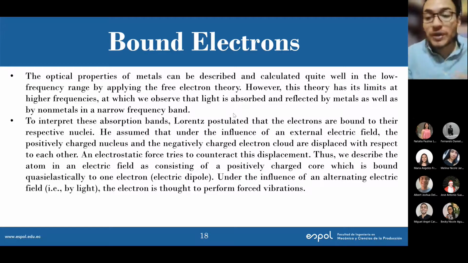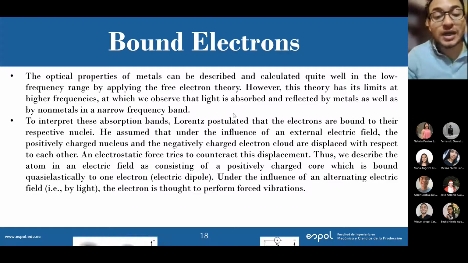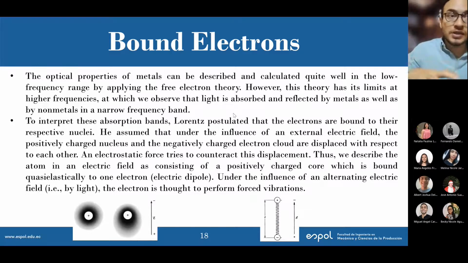And to describe those vibrations, we need equations that deal with harmonic oscillators, that I don't know if you guys ever covered in physics. So basically now, in order to describe what's happening, we need harmonic oscillator equations. That is because when we introduce light, being an alternating electric field, into this atom that has a positively charged nucleus and a bound electron, it will start to vibrate. And that vibration can be described by harmonic oscillators, right?